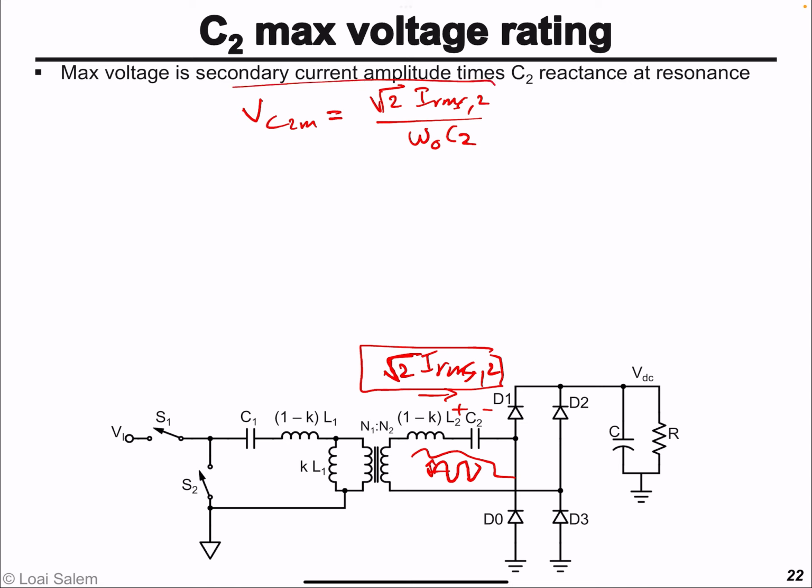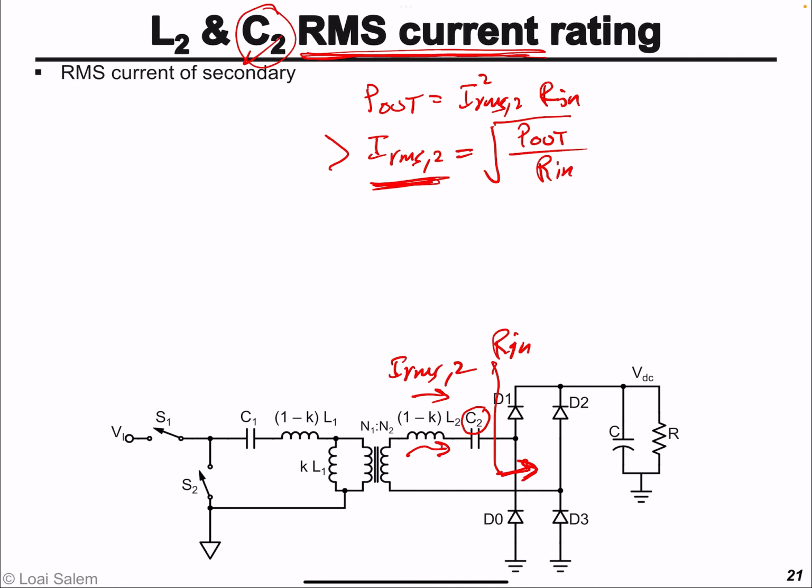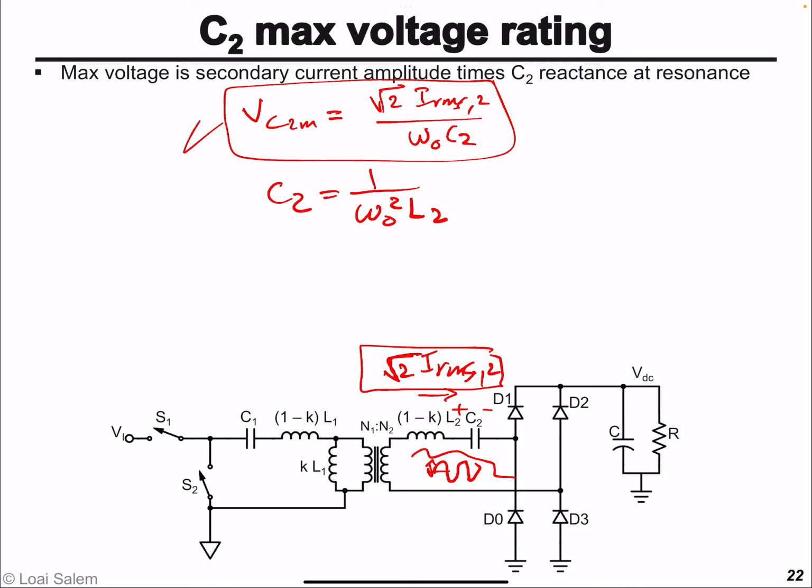And that will be the maximum voltage across the capacitor. So now we know the value of C2, the required RMS current rating, as well as the maximum voltage across its terminals. Now let's look at how we design the diodes.